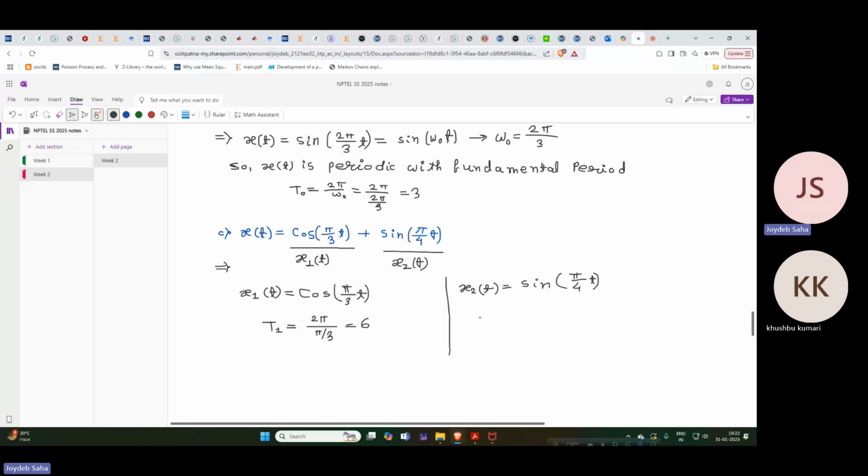So T2 is 2 pi upon pi by 4, which is equal to 8, right?